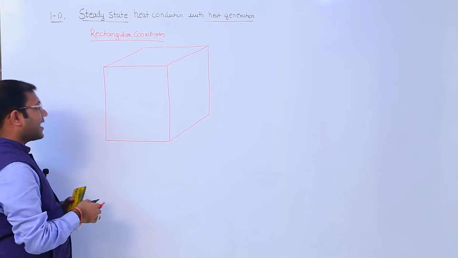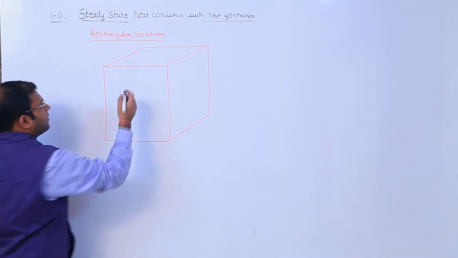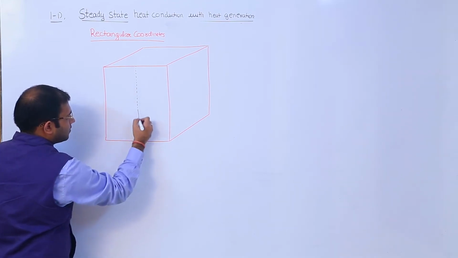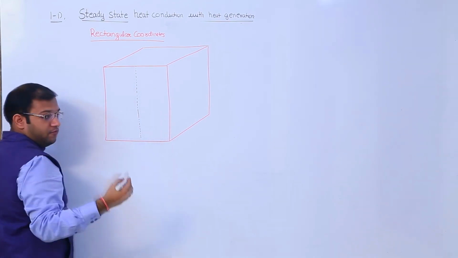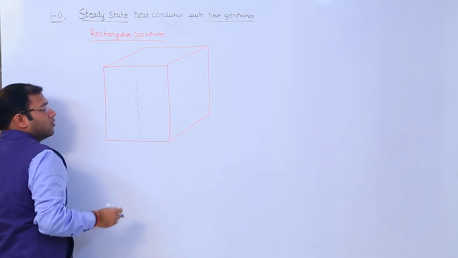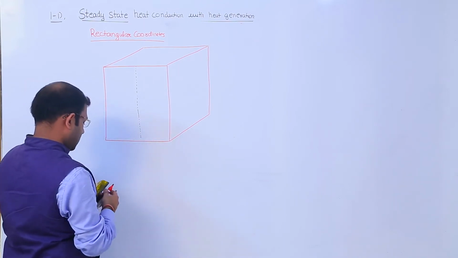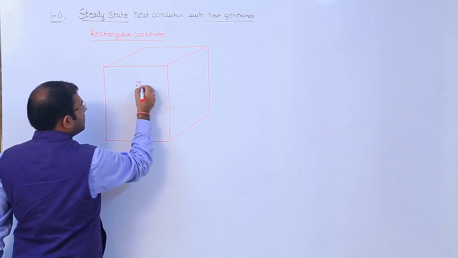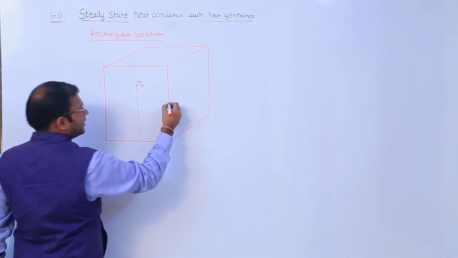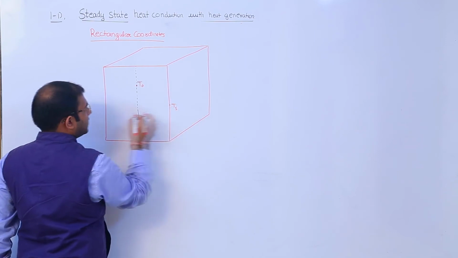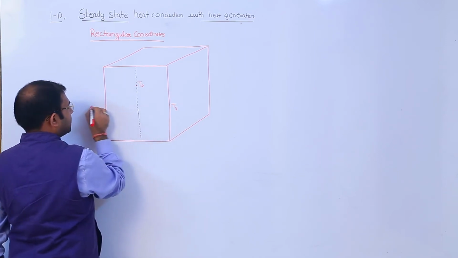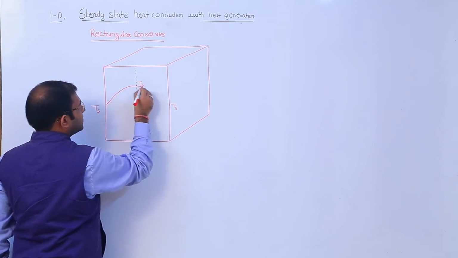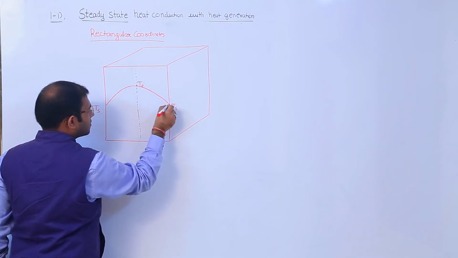This is the rectangular slab and this is the mid plane. Fine. If we see in the front view. Now see, here we have obtained T naught, and here is the temperature Ts, and here the surface temperature again Ts, and the temperature variation is something like this.